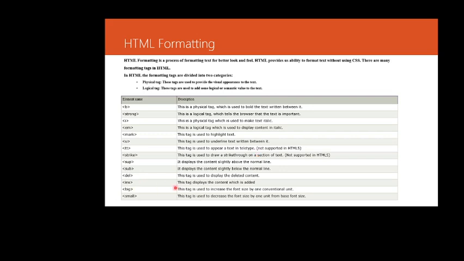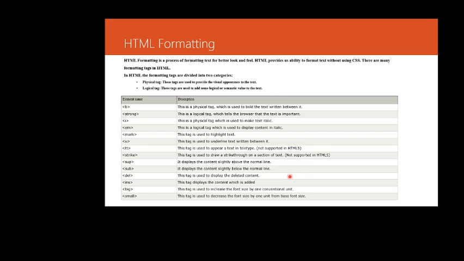Then we have ins, which displays the content which needs to be added. Big will increase the font size. For example, I have a text with font size 3 and I use big. The text within the big tag will increase by 1. That means now it will have a font size of 4. Then we have small.